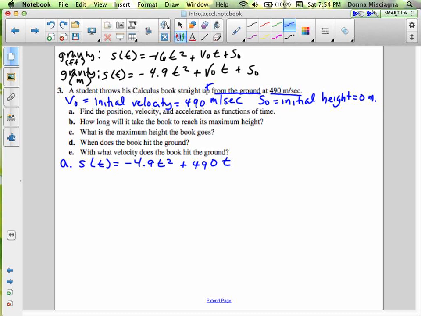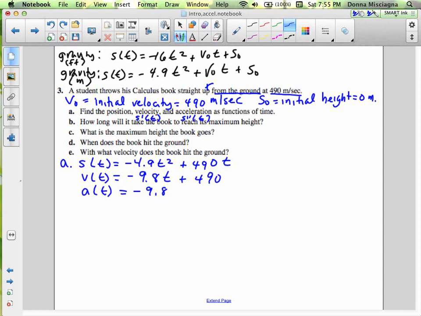The velocity, v of t, of course, is the derivative of position. So that's going to be negative 9.8 t plus 490. And a of t is the second derivative of position, so that's going to be negative 9.8.